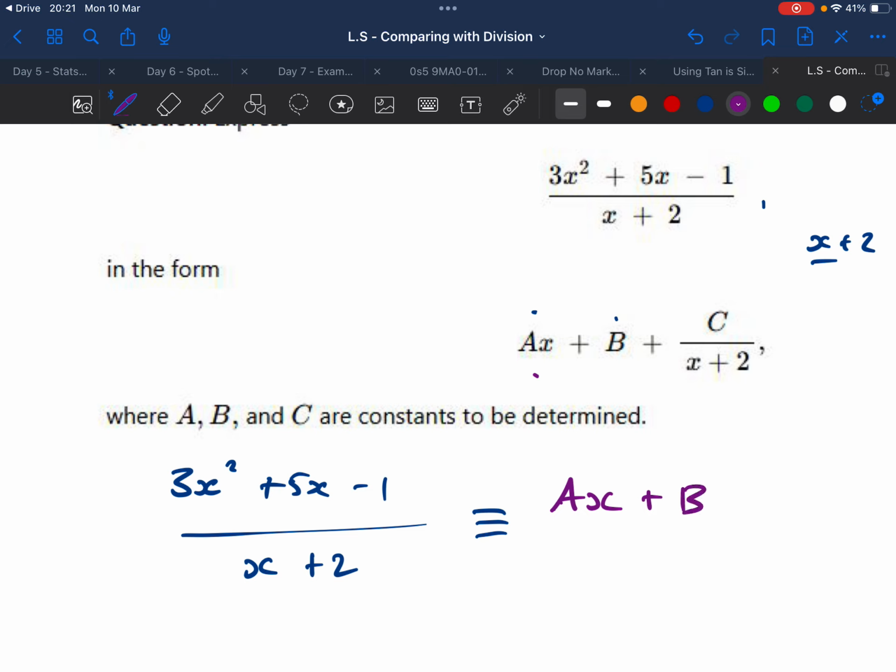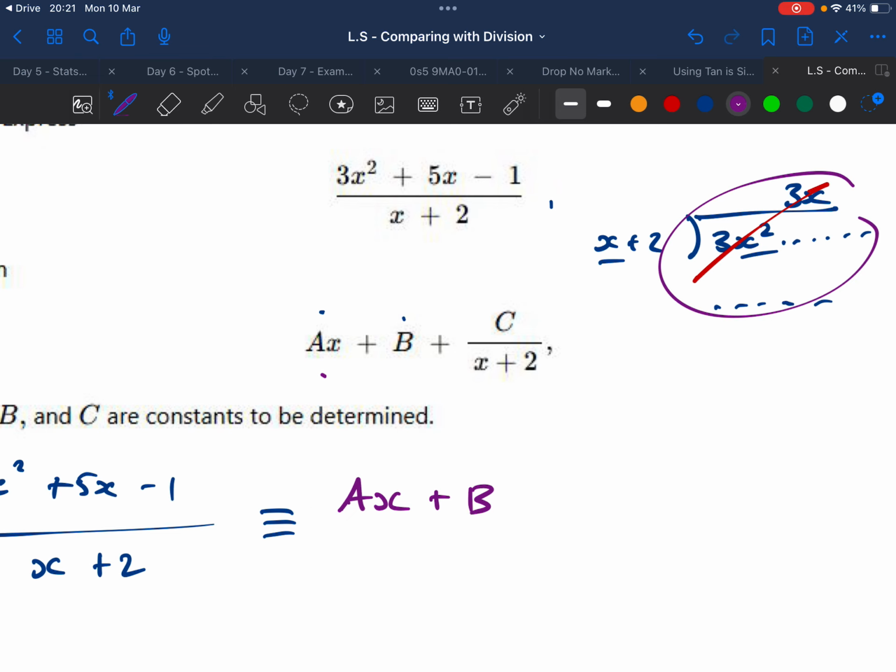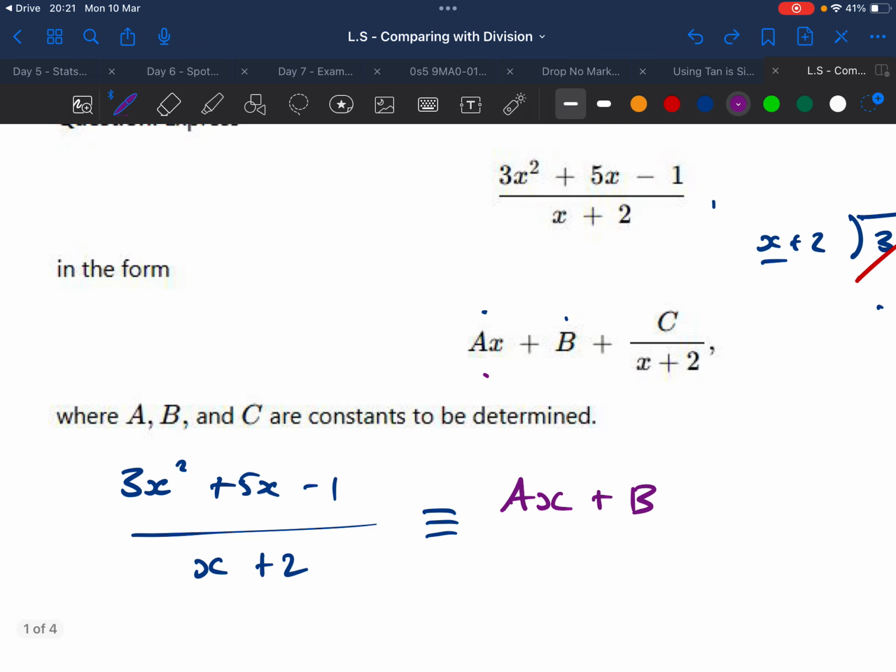So we're going to say, and then there will be just a constant, and the reason for that is, somewhere in here, imagine it's like 3x or 2x or something, it will be divided by x. So there'll be a constant hiding in there, but we can't work out what that is because we'd have to do lots of parts of our long division.